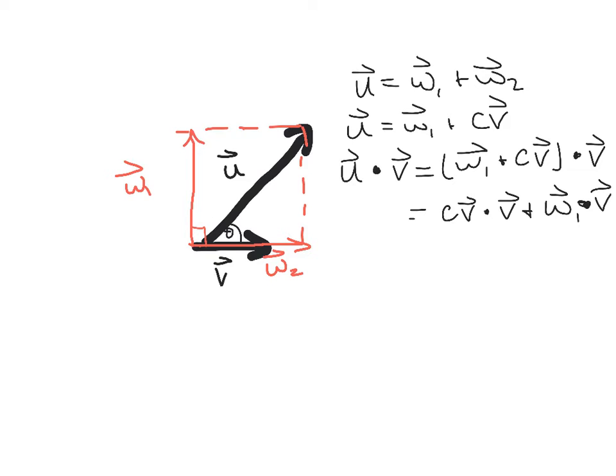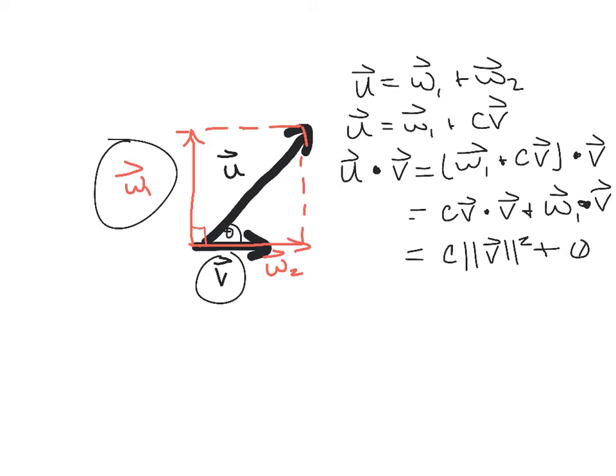Now I have C times the magnitude of V squared plus 0. Why is that 0? What is the angle between the W1 vector right here and V right there? What is it?